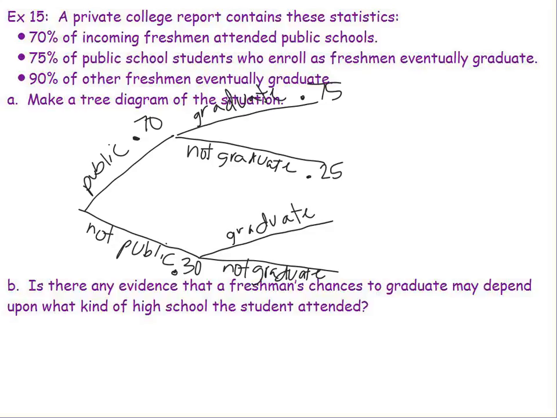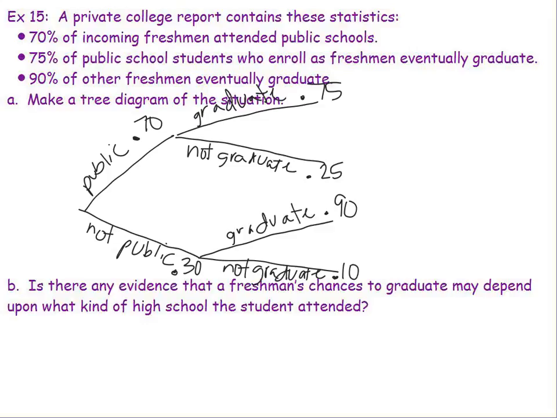It also says 90% of other freshmen, those are our not public people, eventually graduate. So not public graduate is 90%, which means, since those have to add up to 100, the remaining is 10%.